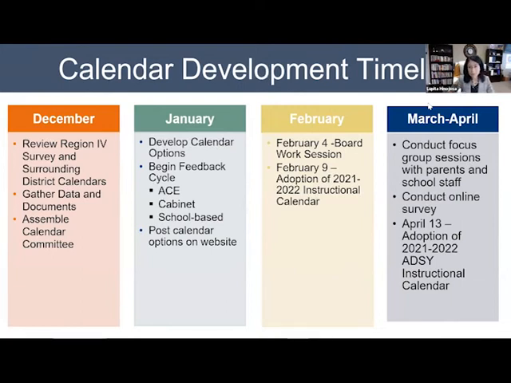So we went through that whole process, and by February adopted our district calendar. Our board approved the district calendar. And they knew and understood that immediately following, we would be bringing our ADSY calendar. So discussions with the district-wide, and then narrowing down and being strategic and involving the staff of the 2 schools that would be a part of the ADSY calendar and the community.